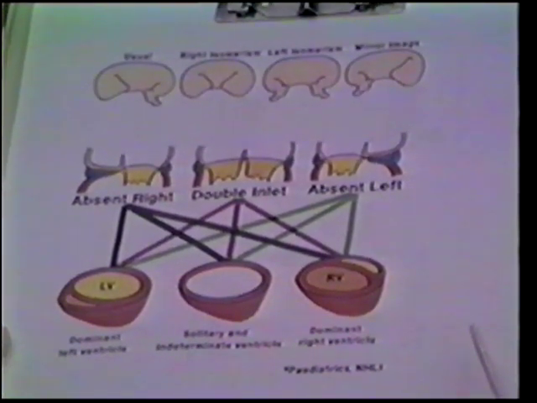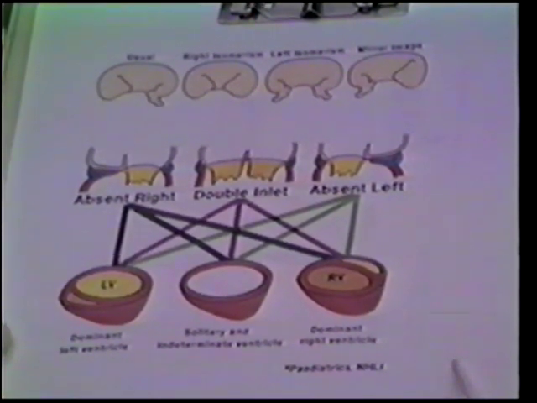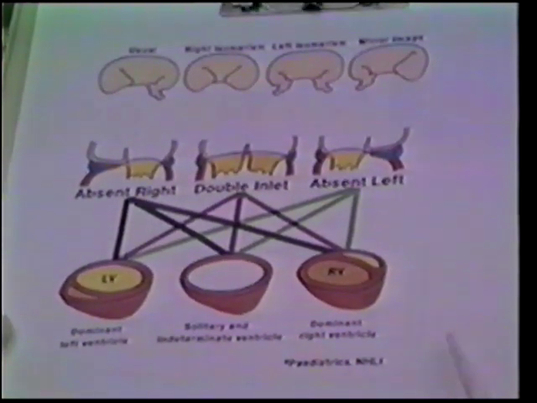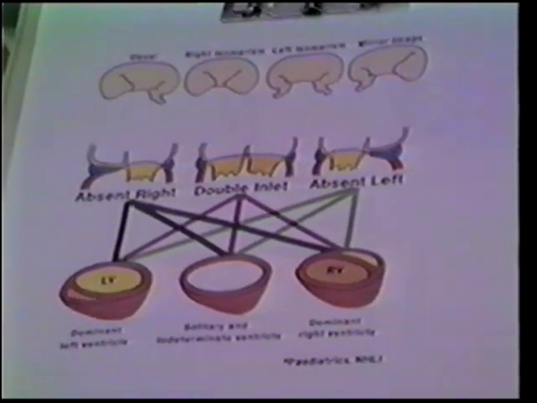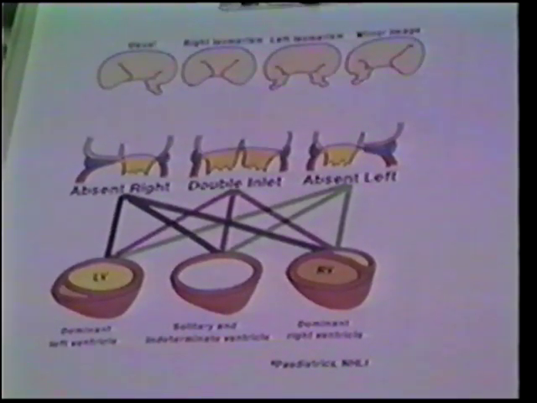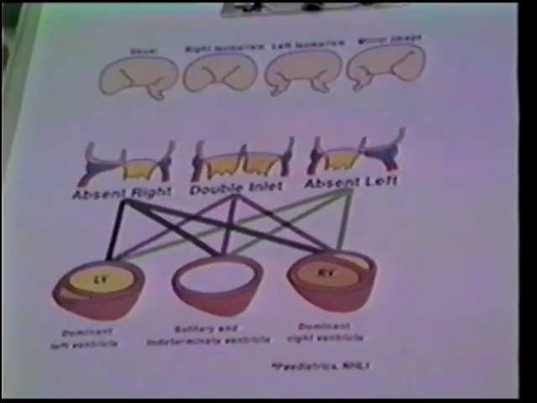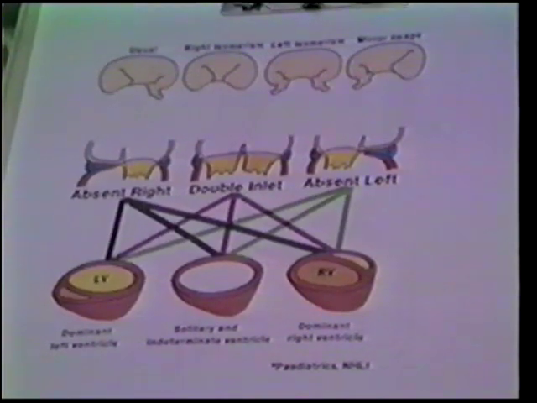Now, what is a dominant ventricle and what is a rudimentary ventricle? Not purely on the size, but on the component makeup of the ventricles that we can use the terms dominant or rudimentary.